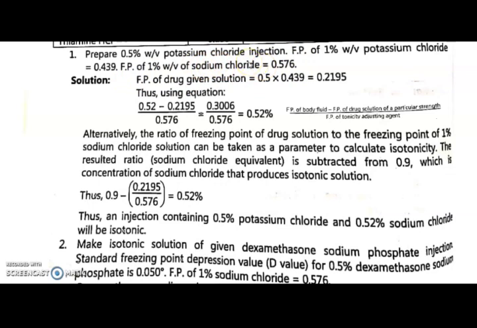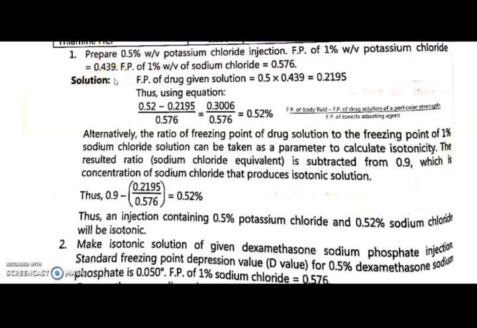So going towards a solution, first of all we have to calculate freezing point of 0.5% weight by volume potassium chloride, which is a drug solution. We have freezing point of 1% potassium chloride solution, that is 0.439, which is already given in the example.